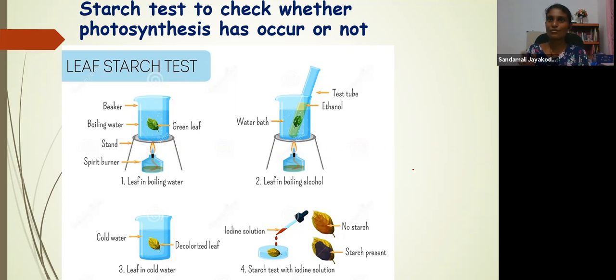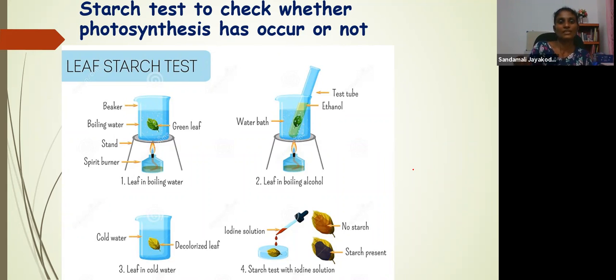Finally, it is stored as starch in leaves, but that is the product of photosynthesis. We are going to test that, and later we are going to test whether the plant is actually absorbing carbon dioxide for photosynthesis, and whether light energy or chlorophyll is required or not for photosynthesis.